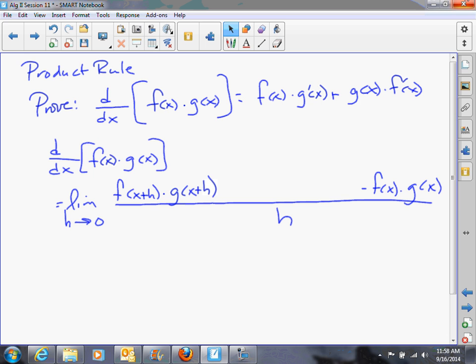Now, you can probably notice here that I left a big space in the numerator of our fraction, and that's because I'm planning on adding 0. Now, how am I going to add 0?